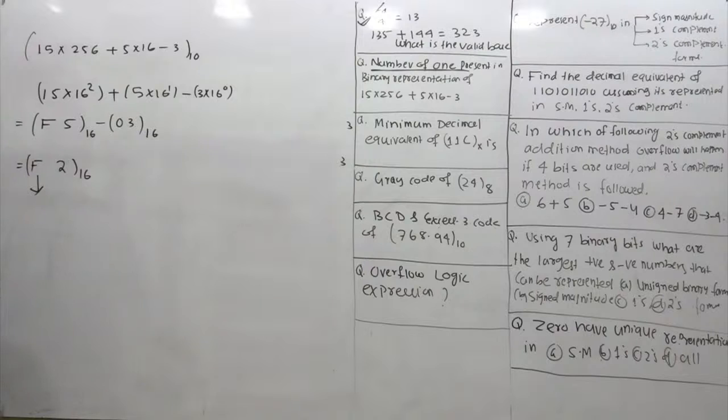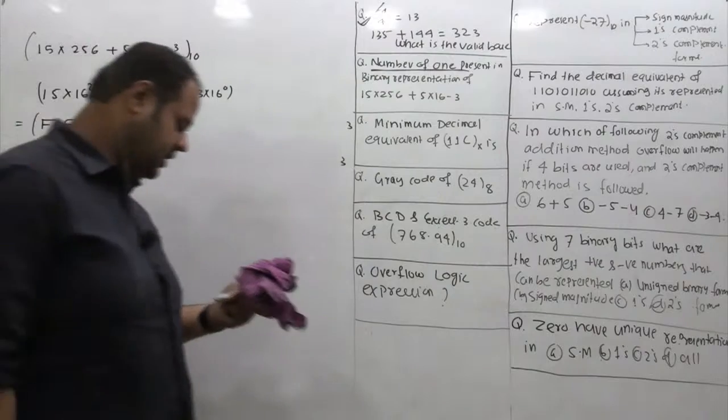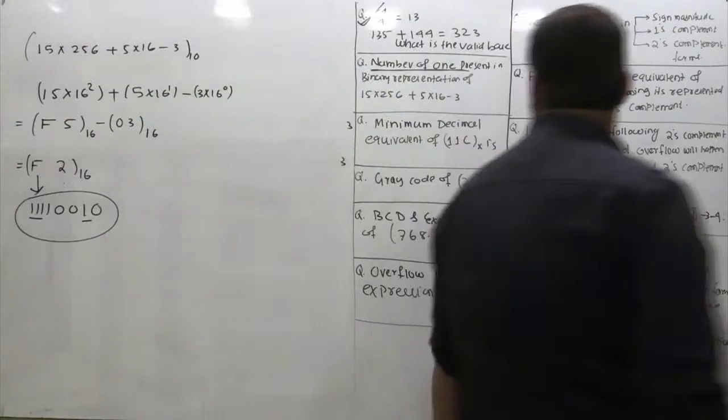If you write its equivalent binary form, you will get 1111 and 0010. This is the corresponding binary notation, and if you count, 4 plus 1 is 5, you will get 5 ones in the binary form.